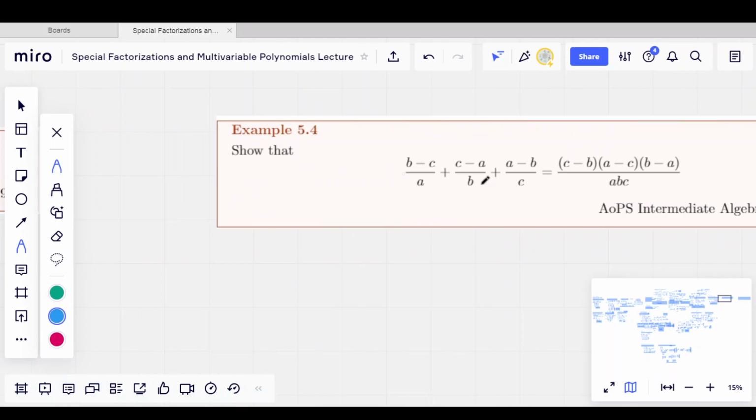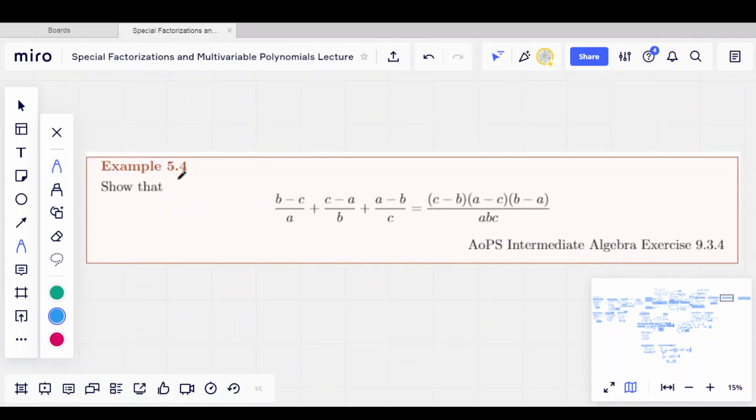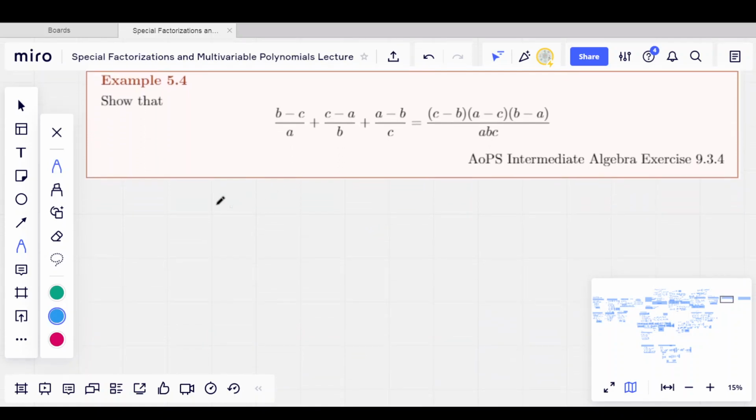So, okay, two more examples. Example 5.4: show that (b minus c) over a plus (c minus a) over b plus (a minus b) over c equals (c minus b) times (a minus c) times (b minus a) over abc. I'll just do the first step for you, okay? Multiply by abc to clear all the denominators. And then bc times (b minus c).